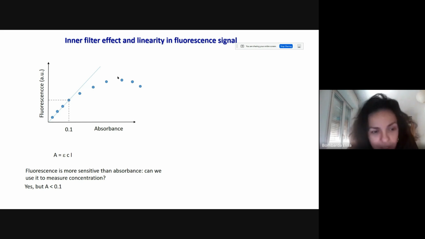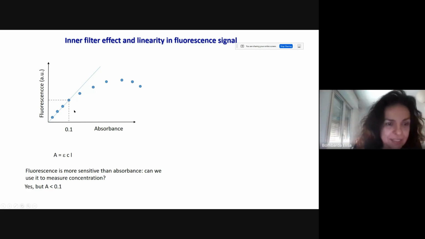You can use fluorescence also to calculate the concentration, but you have to work with samples that are so diluted that their absorbance is less than 0.1, because it's in this range that fluorescence is linear with the absorbance and so with the concentration.